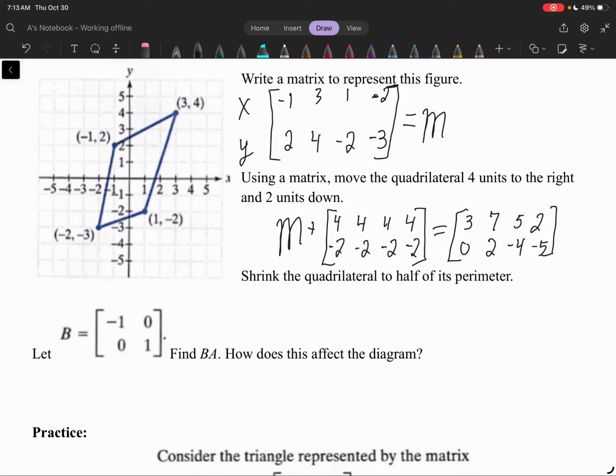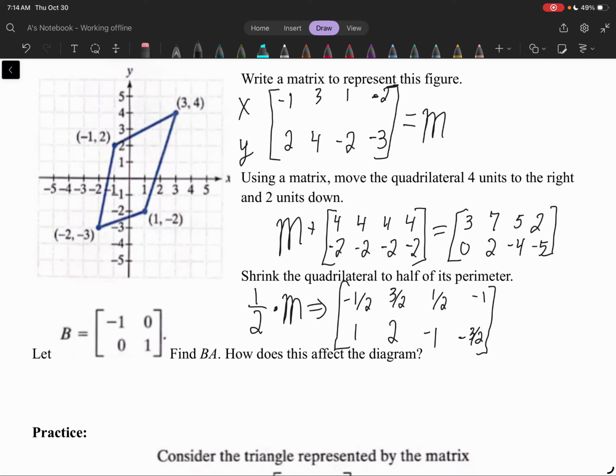If your directions were to shrink this quadrilateral to half the perimeter, you would take the scale factor 1/2 and multiply that to matrix M. Negative 1/2, 3 divided by 2, 4 divided by 2, 1 divided by 2, negative 2 divided by 2, negative 2 divided by 2, negative 3 divided by 2.